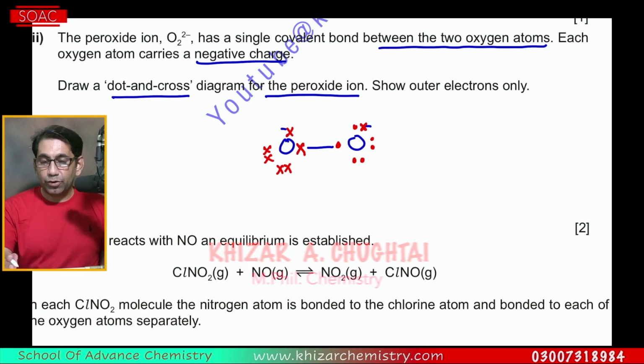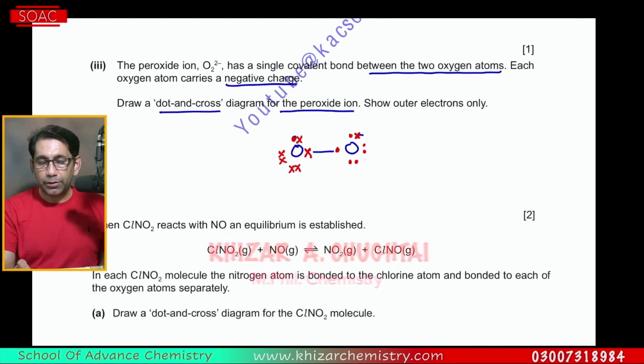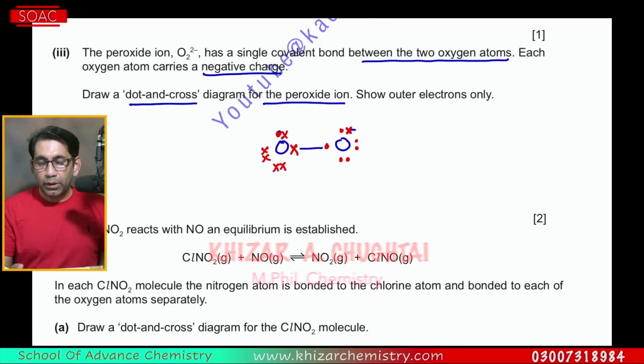And the 7th electron that is over here is gained from some other atom. So overall, the outer shell electrons, as I have told you in the case of an ion: 2 oxygen atoms, each having 6 electrons, 6 plus 6, and there is a 2 negative charge.